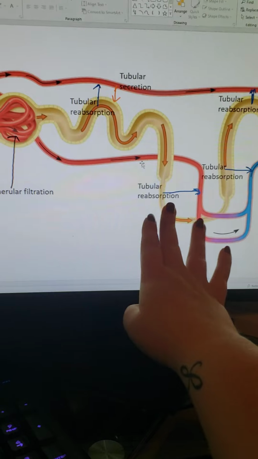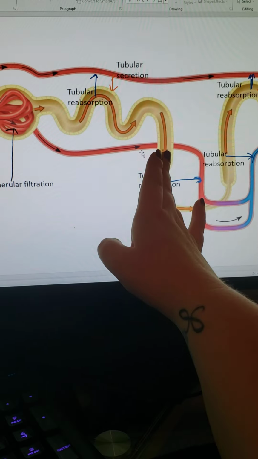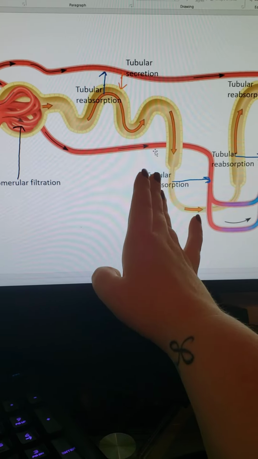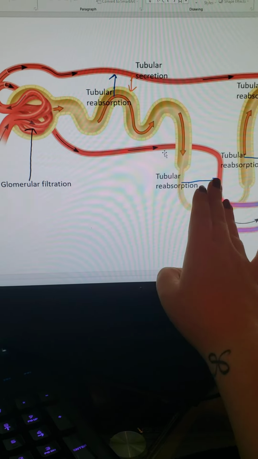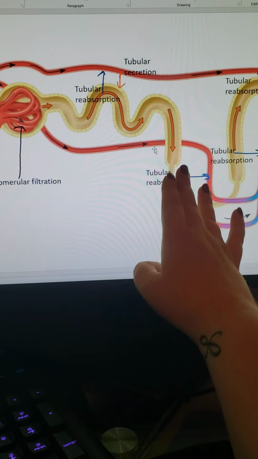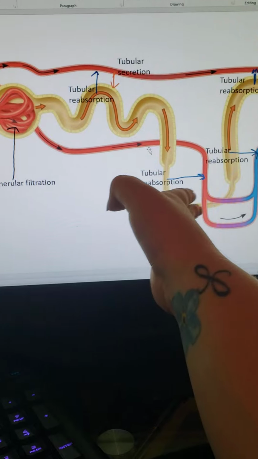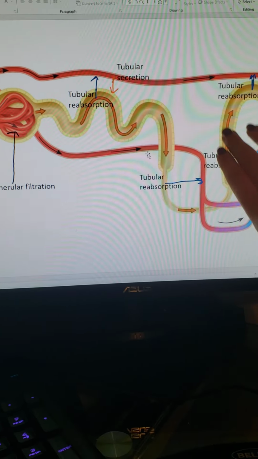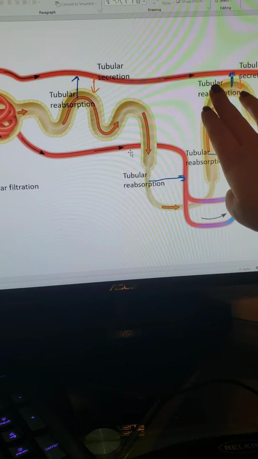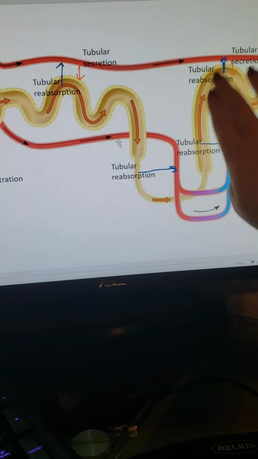And then again, reabsorption does happen right here at the descending loop. It gets reabsorbed right here. So if there's anything good that our body needs, it gets filtered out, and then it moves on up into the distal tubule.